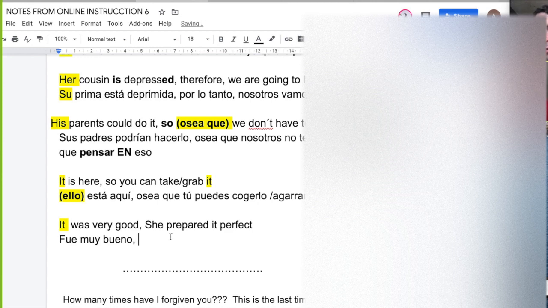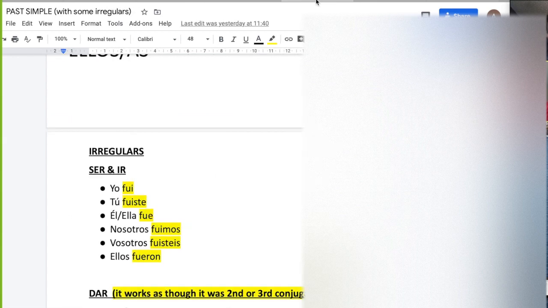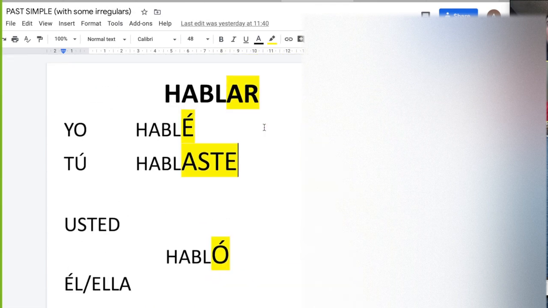Hannah, ¿puedes continuar? ¿Puedes continuar aquí, por favor? Continúa. Su. Oh, ella preparado. Ella he preparado. No, no. This is the other past tense. I don't see a have here. Ella lo preparado.